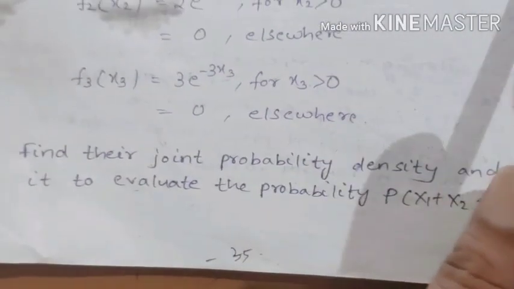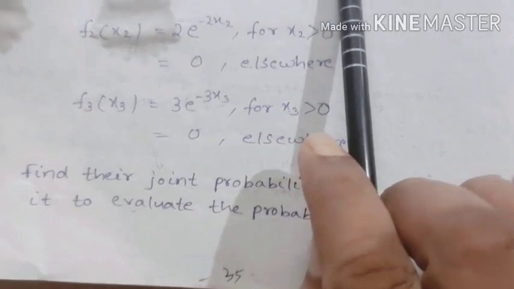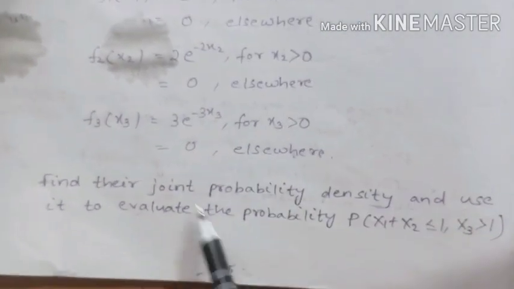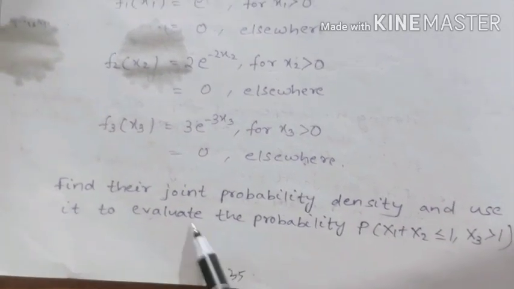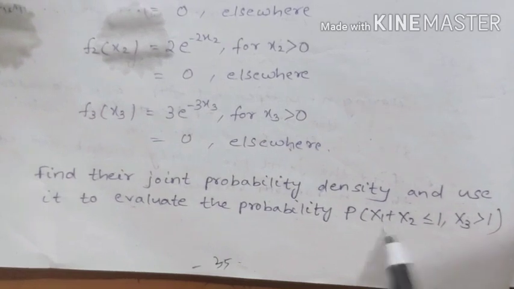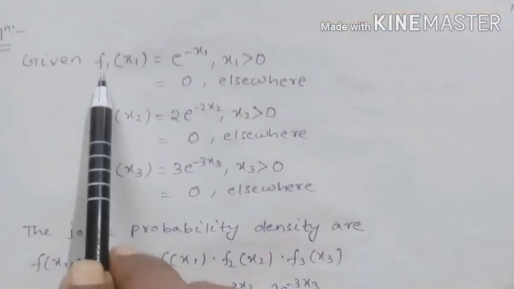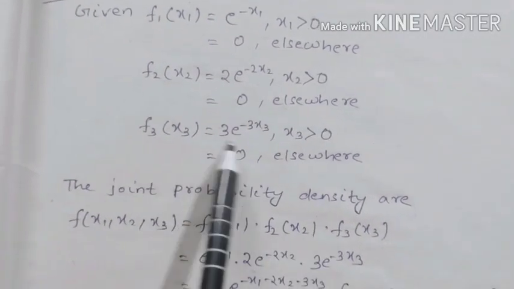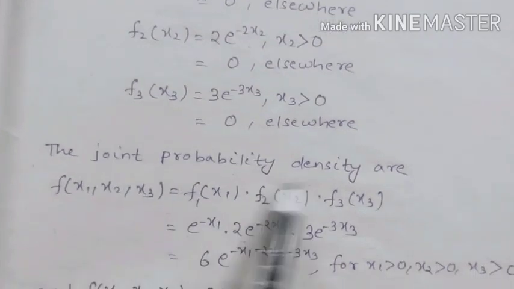Consider random variables x1, x2 and x3 with the given probability densities for the continuous case. Find the joint probability density and evaluate the probability P of x1 plus x2 less than or equal to 1, x3 greater than 1. There are three variables. f1 of x1 equals e to the minus x1, f2 of x2 is 2 times e to the minus 2 x2, f3 of x3 is 3 times e to the minus 3 x3. What is the joint probability density?